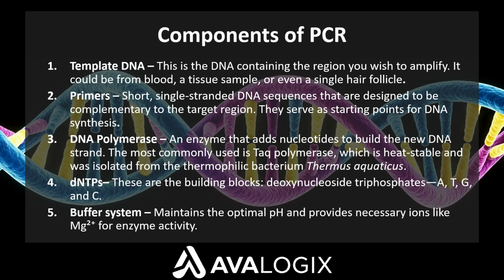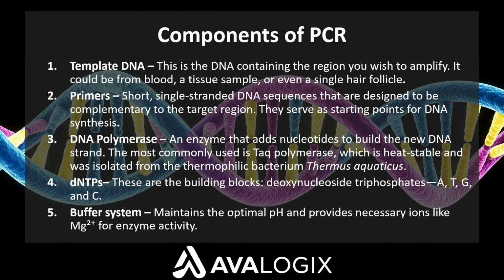To carry out a successful PCR, understanding each component of the reaction is crucial. Let's examine these elements in detail. The PCR mixture typically includes 5 core components: template DNA, primers, Taq DNA polymerase, dNTPs, and a buffer system, usually supplemented with magnesium chloride.